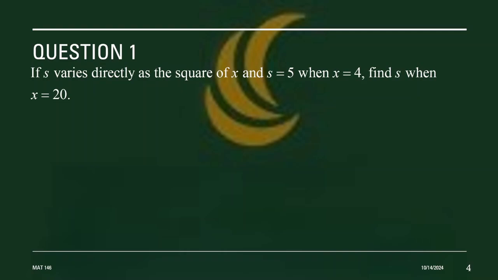S varies directly as the square of x. And we know that s equals 5 when x equals 4. Find s when x is equal to 20. And again, we could also say that s is proportional to the square of x.